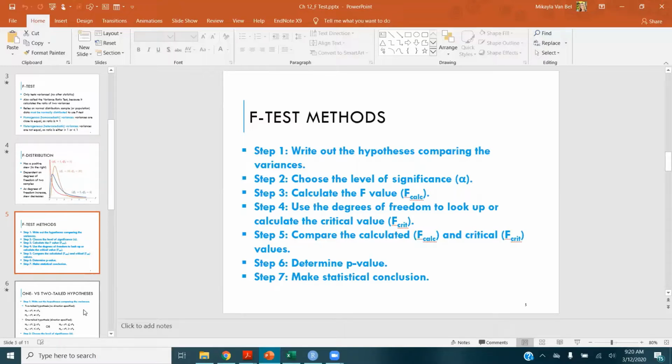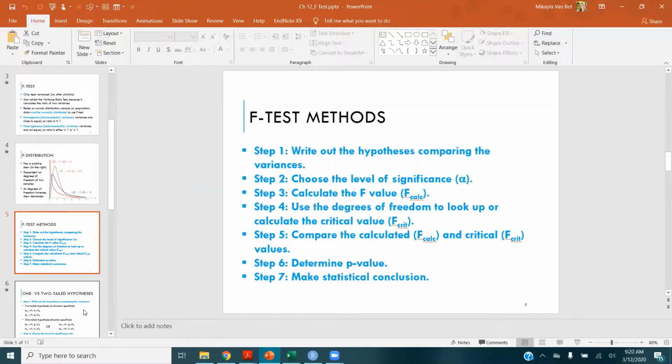Then we'll find F crit using the degrees of freedom to either look them up in the F table or we can use Excel. Just like with a t-test, we'll compare the calculated and critical values, we'll find the p-value, and we'll make a statistical conclusion.